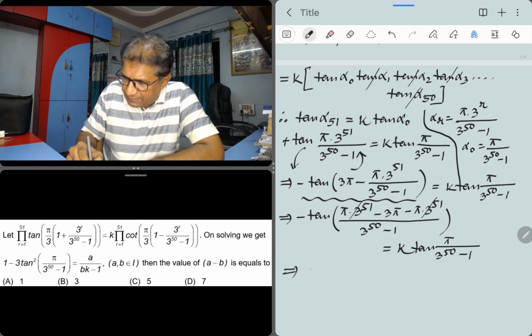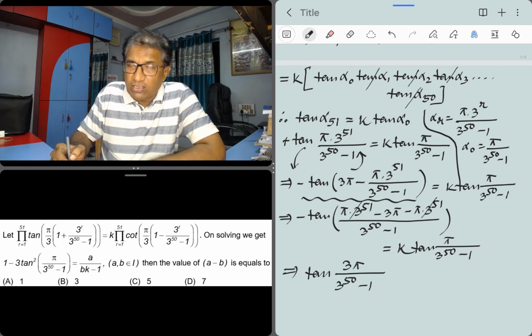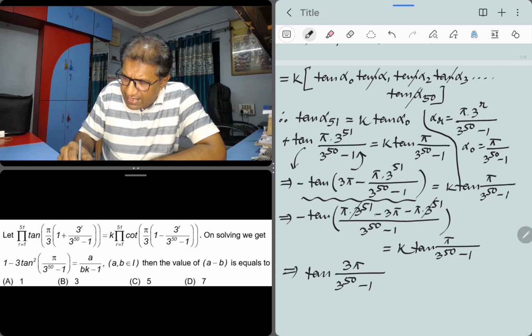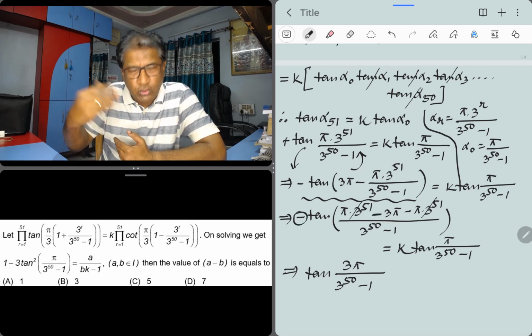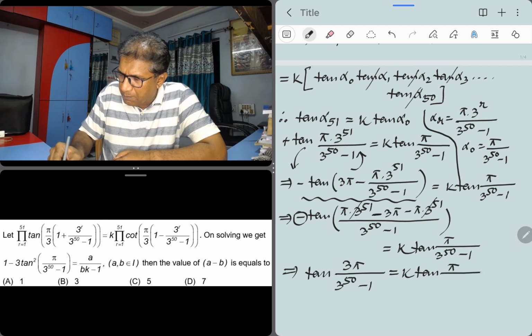So, we are left with tan 3 pi divided by 3 to the power 50 minus 1. Because tan of minus theta will give us minus tan theta, this minus will come out and it will make this negative to positive. So, this is equal to k tan pi over 3 to the power 50 minus 1.